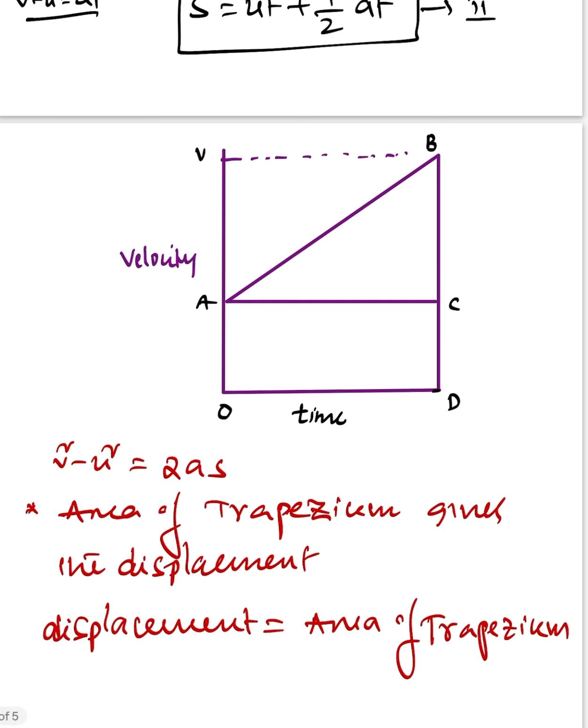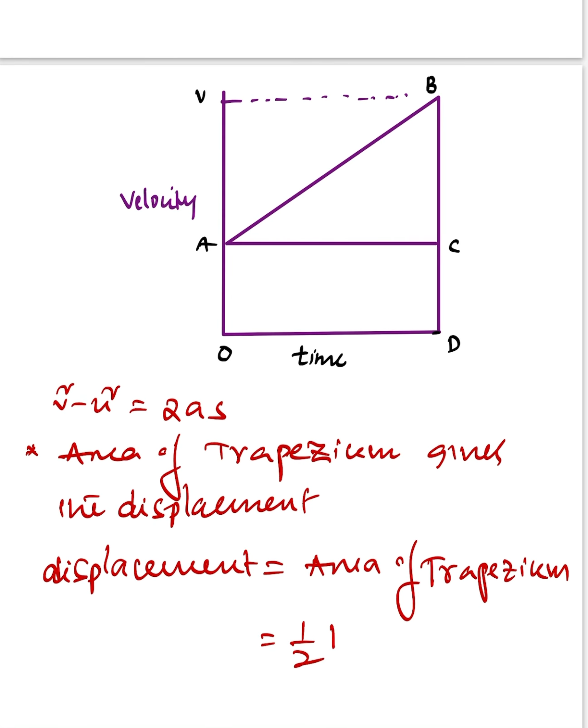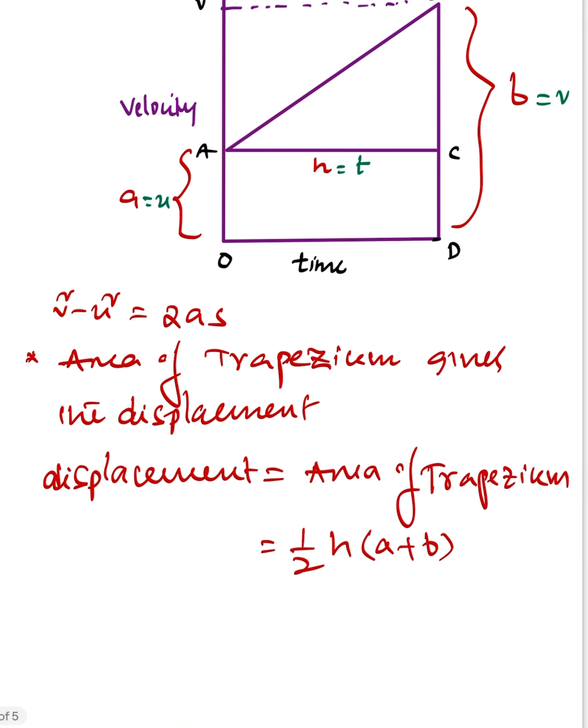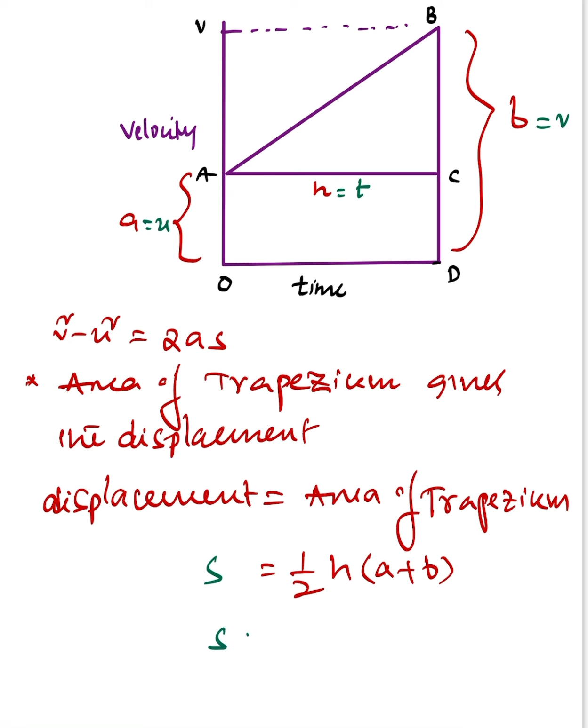What do you mean by area of trapezium here? Half h into a plus b. What is h? This is the height. One side is a and another side is b. So h is nothing but time t, a is u and b is v. So s equal to half h, which is t, into a plus b, which is u plus v.